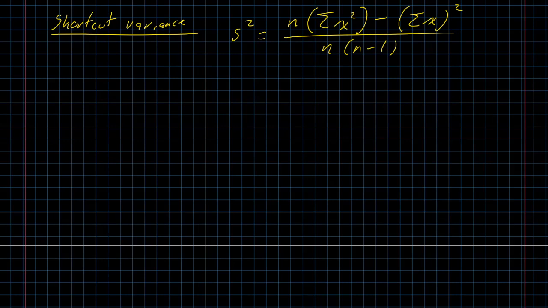Right? I think that formula makes a little bit less sense than the one we just finished working with. So let's go back. Let's look at the exact same distribution.